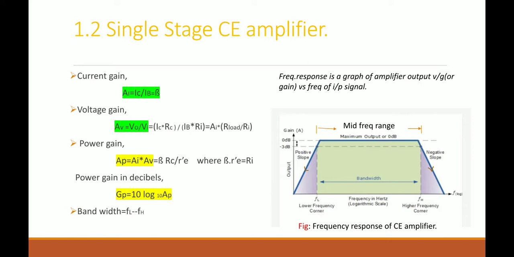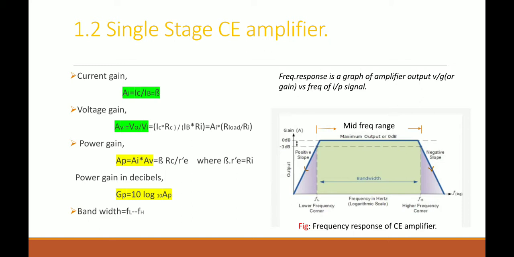Then the frequency response is plotted, gain is plotted with respect to frequency, and from there we calculate the bandwidth as the difference between the two frequencies, the higher cutoff frequency and the lower cutoff frequency. So it should be FH minus FL.